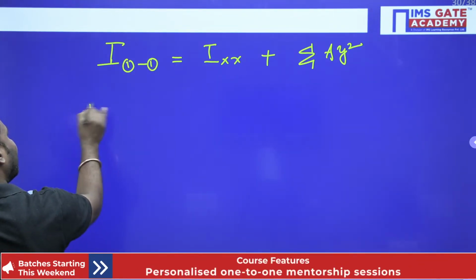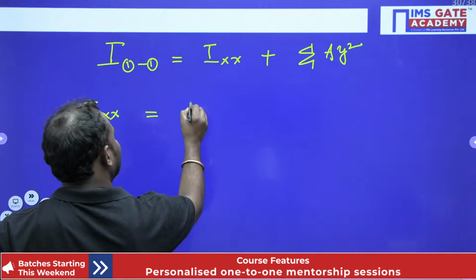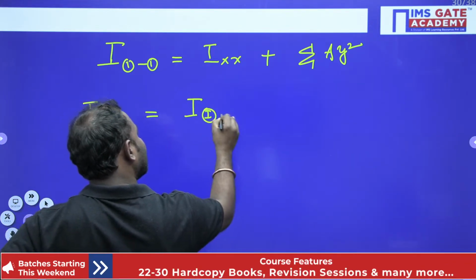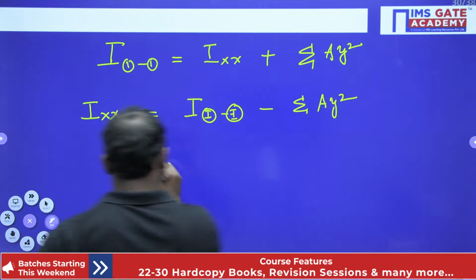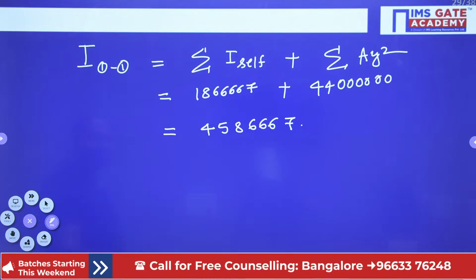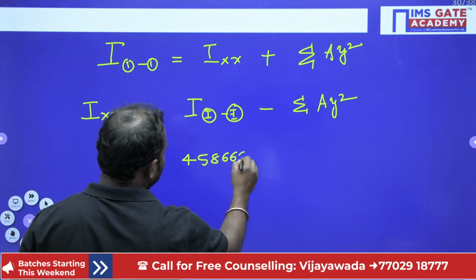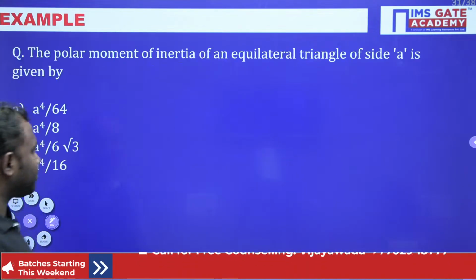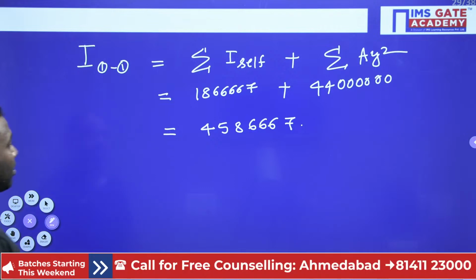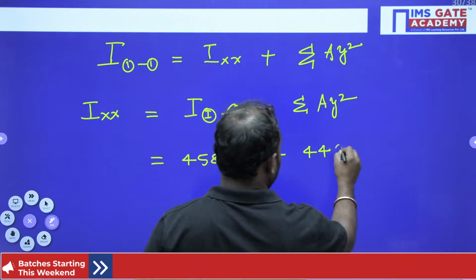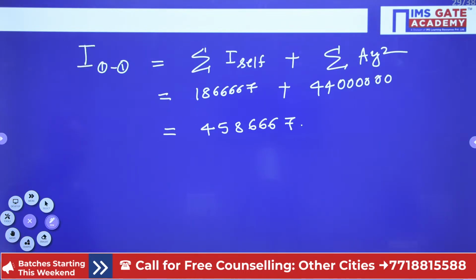Now I'll write IXX is equal to I base minus sigma AY square. Now from here I base is 4586667 minus 4400000.